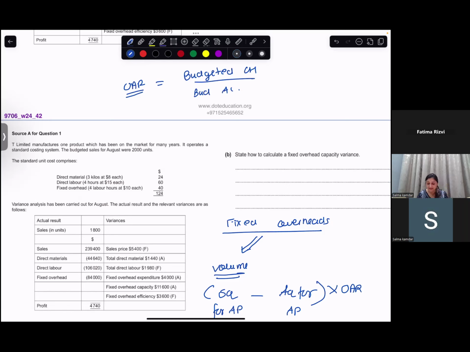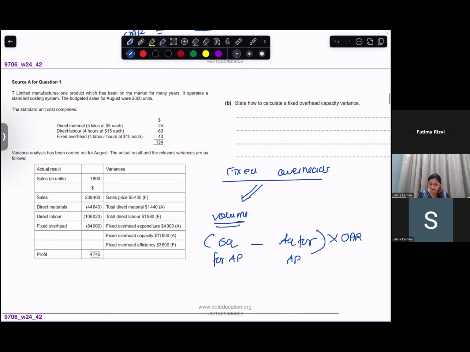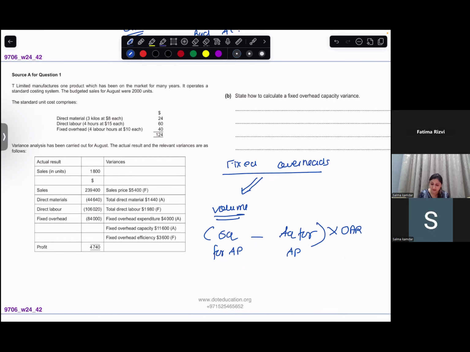Okay, fine. What do I mean by standard quantity for actual production? What is the fixed overheads? Normally, it is calculated per direct what? It's normally calculated per direct labor hours.